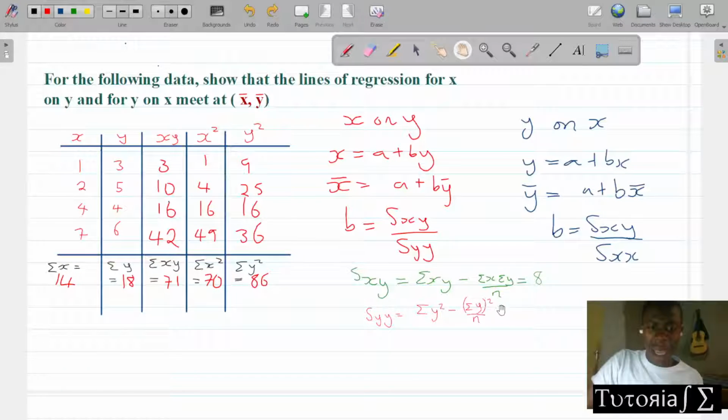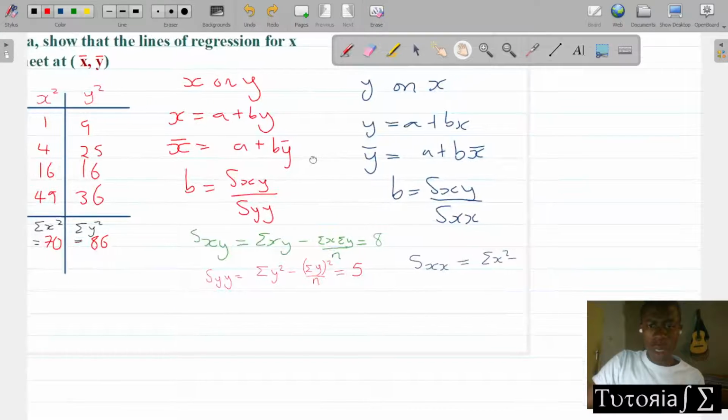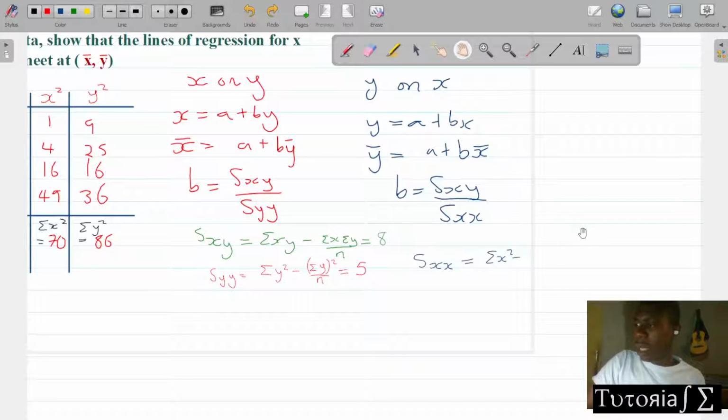When you divide by n, you're going to get 81 there, giving us 5. Same applies to Sxx. Sxx is equal to the summation of x squared, which is 70, minus 14 squared over n, which gives us 21.